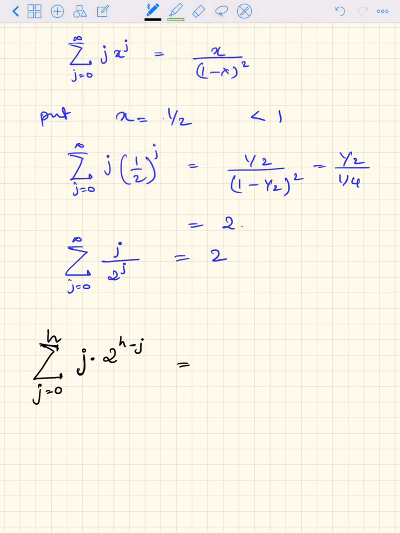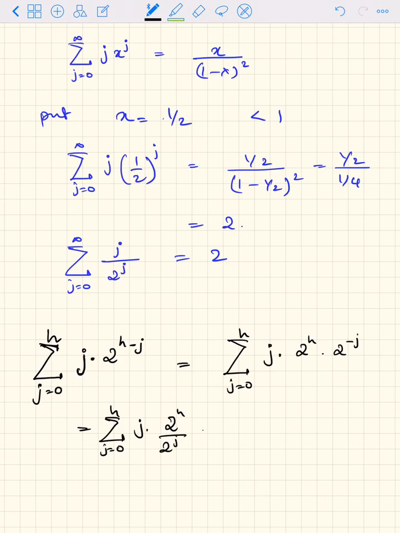You remember that I can take this summation j equal to 0 through h, j 2 to the power h times 2 to the power minus j, and this is equal to summation j equal to 0 through h, j 2 to the power h over 2 to the power j. We can take the h out because the summation is only on j, so we get 2 to the power h times summation j equal to 0 through h of j over 2 to the power j.